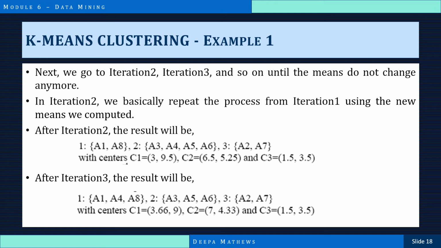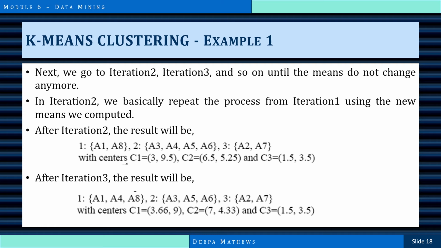After iteration 2, the result will be: in the first cluster, the elements A1 and A8, the second cluster will have A3, A4, A5 and A6, and the third cluster will have A2 and A7, with the centers C1 equal to 3, 9.5, C2 equal to 6.5, 5.25 and C3 equal to 1.5, 3.5.